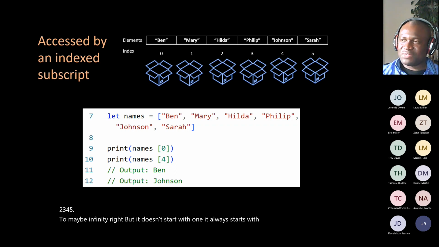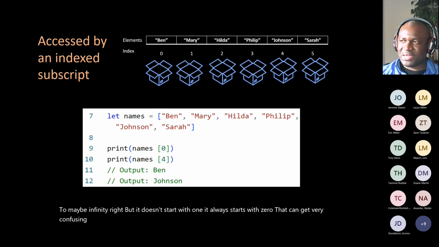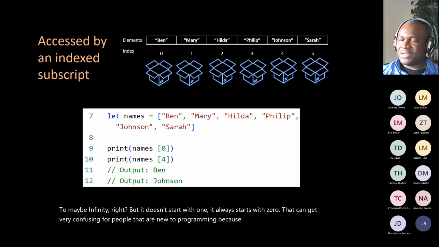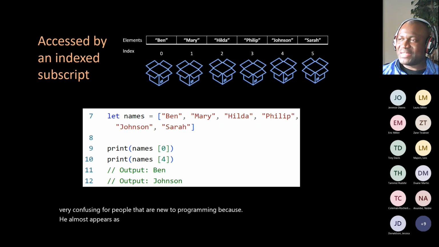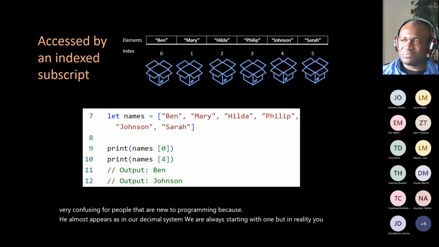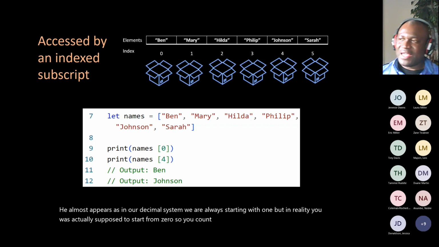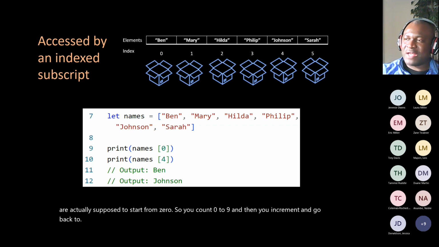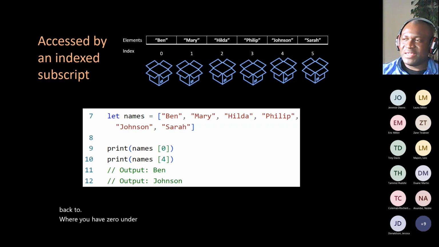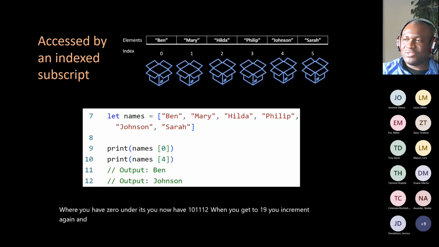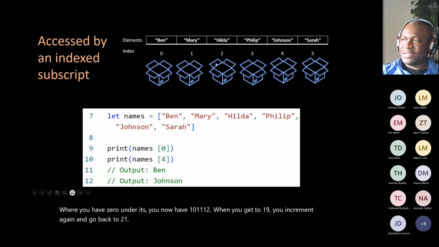That can get very confusing for people new to programming, because it almost appears as if in our decimal system we are always starting with 1, but in reality you're supposed to start from 0. So you count 0 to 9 and then you increment and go back to where you have 0 under it. You now have 10, 11, 12. When you get to 19, you increment again. Almost something like that, right? That's what we have here.